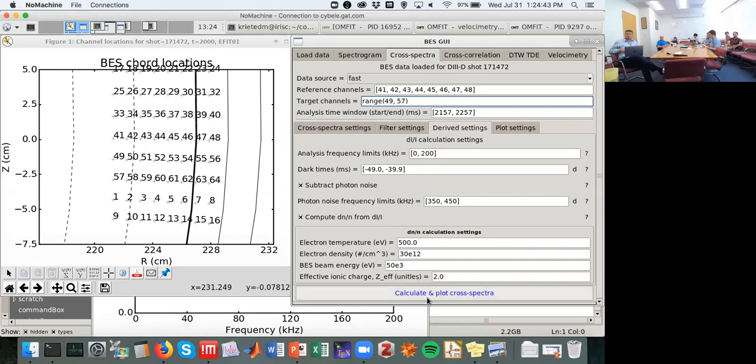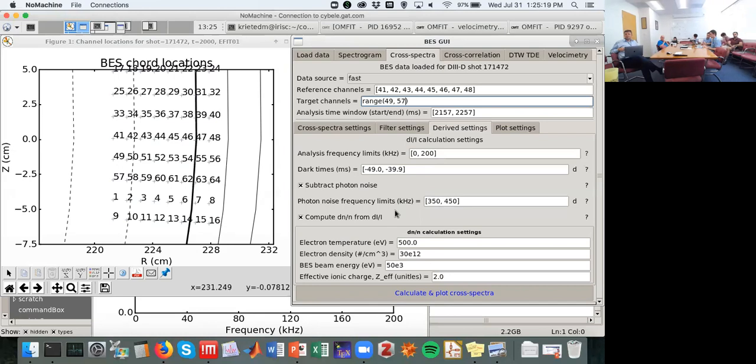All right, and so I'll go ahead and start that calculation. It'll take about a minute to do because now it has to load in 16 channels of BES data and process it. And while that's calculating, let me explain a little bit about what these settings mean down here. For the delta n over n calculation, when you integrate the spectrum that I showed, that tells you a delta I over I, basically the normalized fluctuation level of the atomic line that we're measuring.